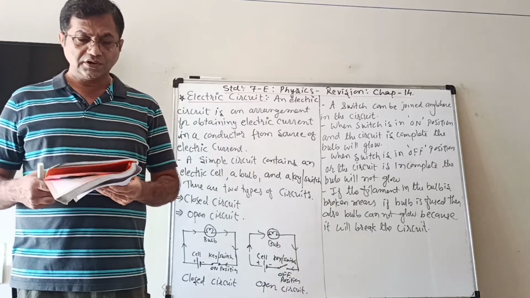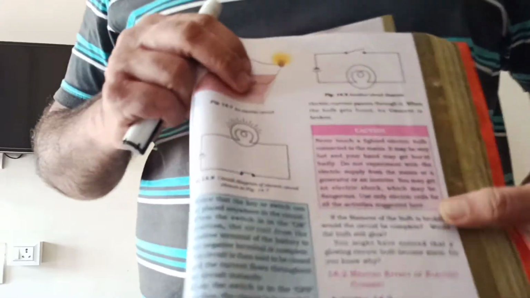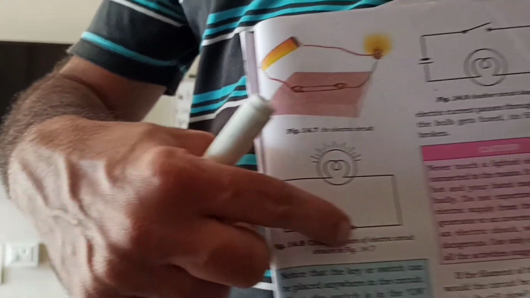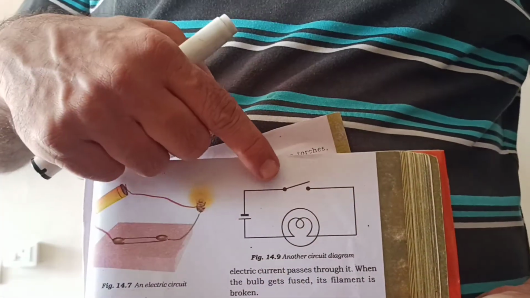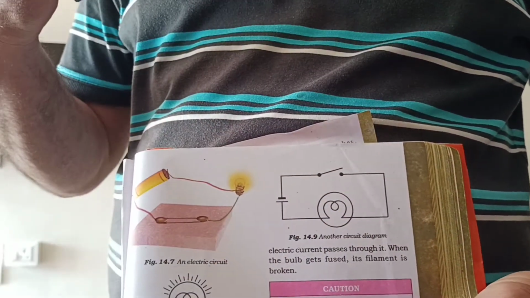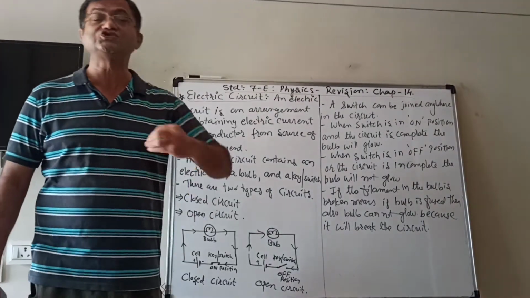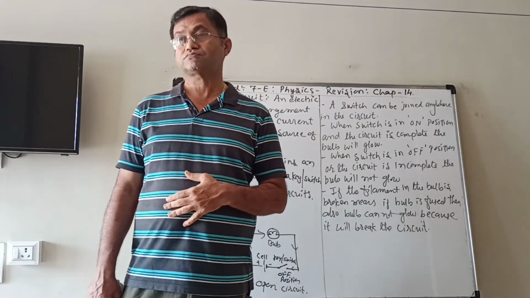Because look here in these two different pictures. Here the switch is at this side, but in this it is on the upside. So what is the correct position, correct place to join the switch in a circuit?